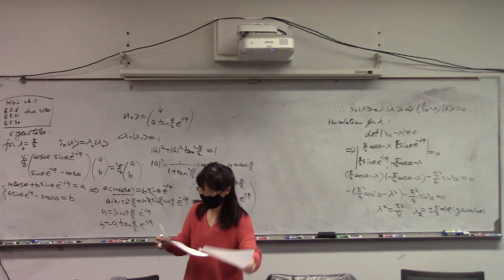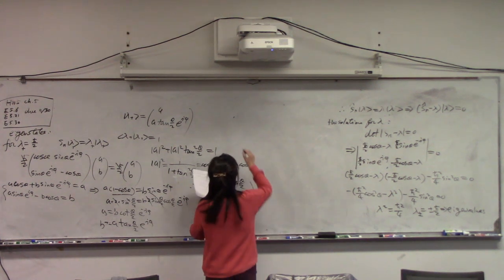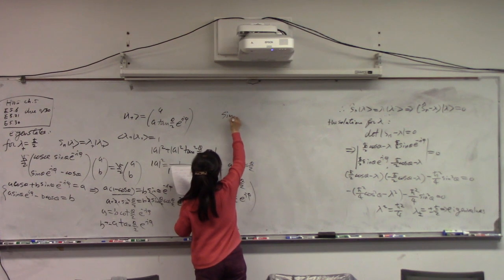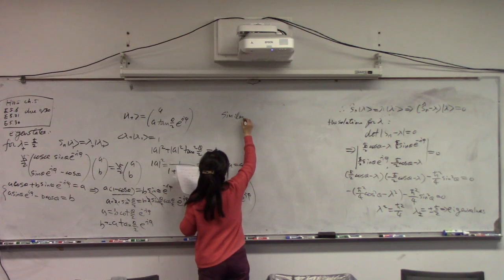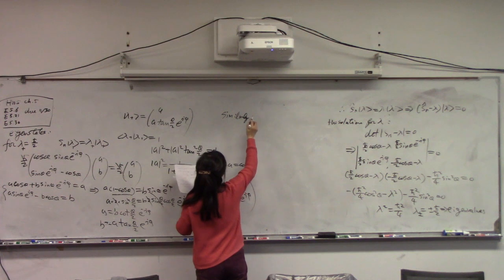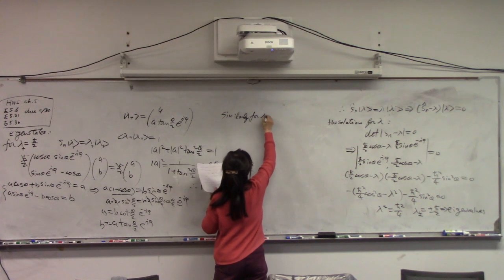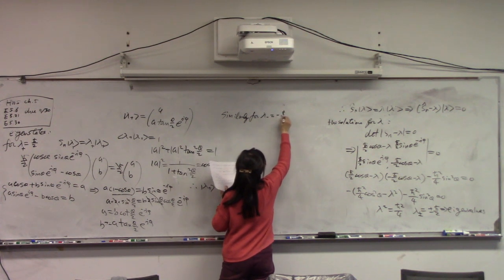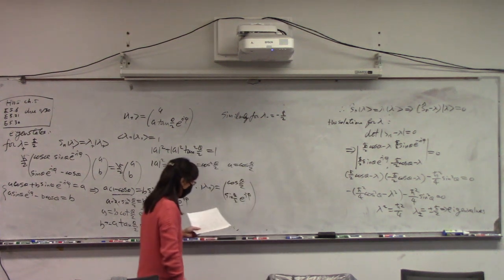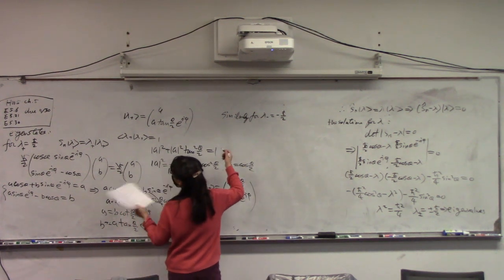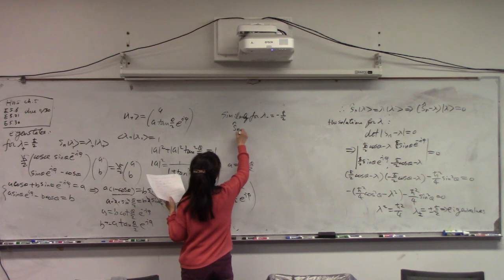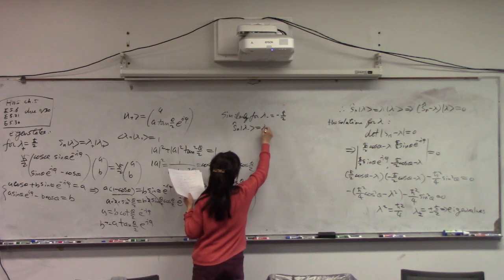I think similarly we do this in a similar way for lambda negative, or lambda minus. You still solve this, lambda minus equal to lambda minus.